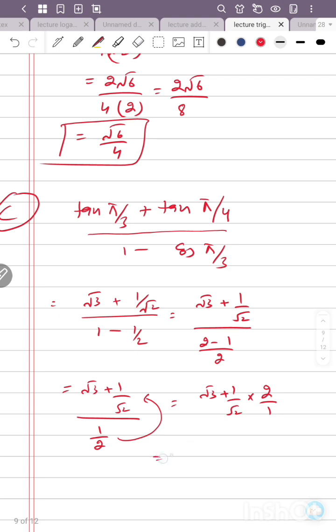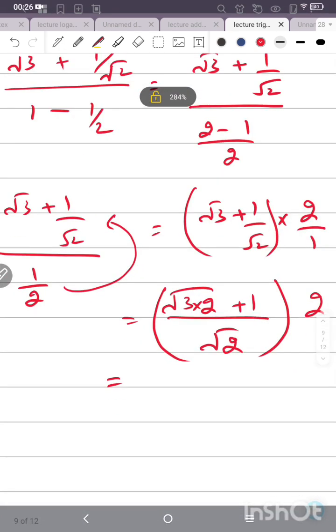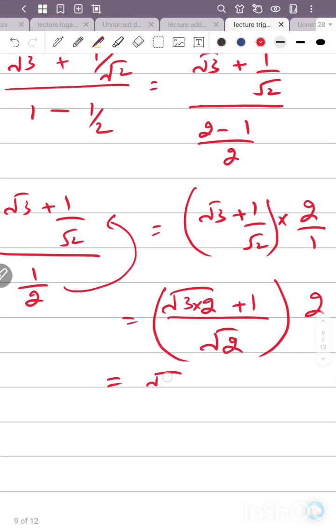Now we have to solve this one, and we got the answer square root 6 plus 1.